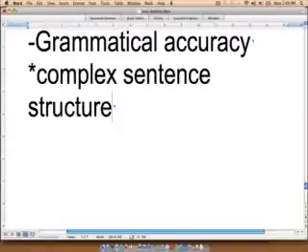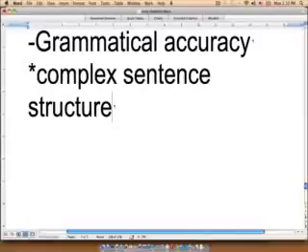Often I think students make one of two mistakes when they try to interpret it. A lot of students think it refers to the traditional definition of a complex sentence. So basically, they think you are supposed to use an independent clause with a dependent clause, and that this will magically increase your grammatical accuracy mark.